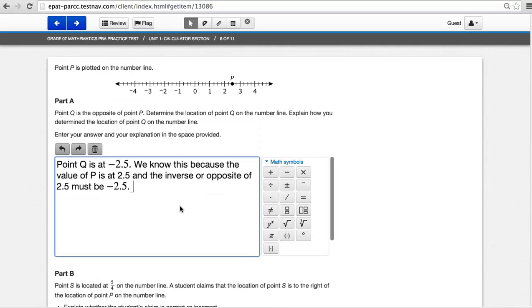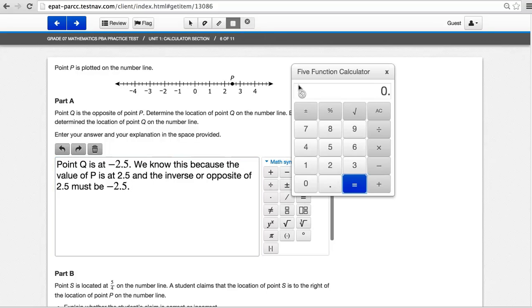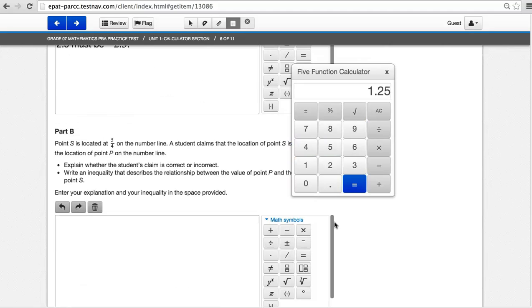Well, let's handle the first question, which is whether point S is to the right of point P. We know it can't be the case because, let's bring up the calculator, if we do 5 divided by 4, or 5/4, you'll get 1.25, which should be somewhere over here. So let's actually go ahead and write that in.